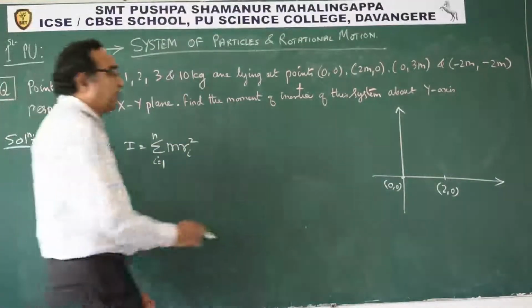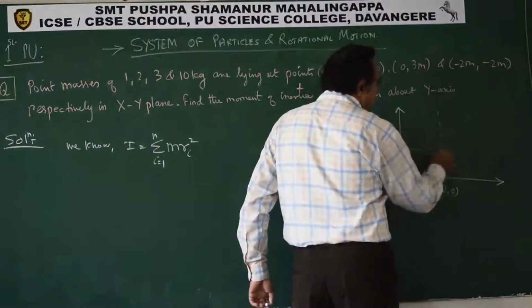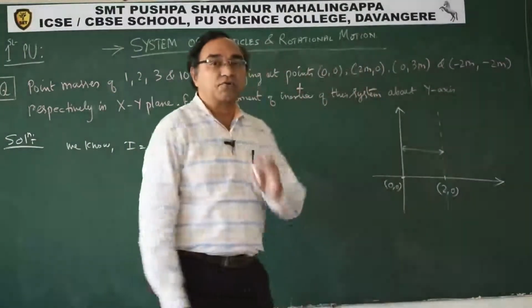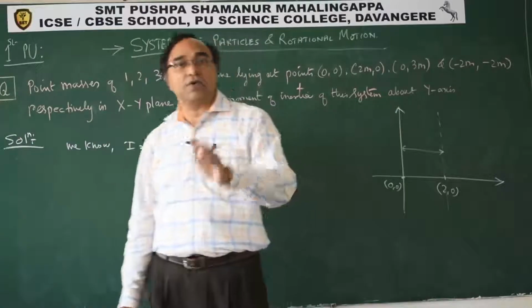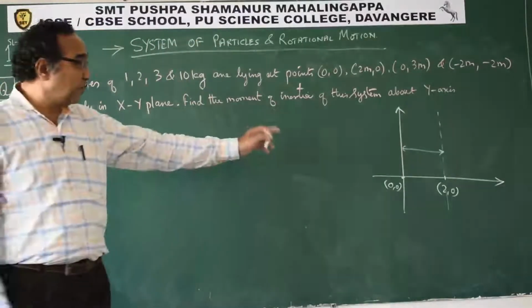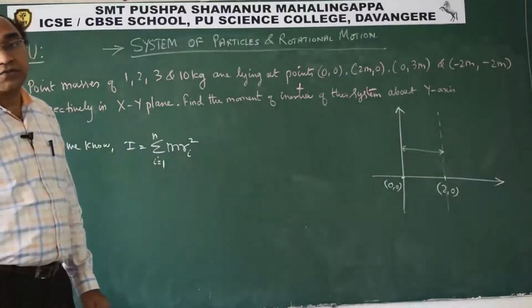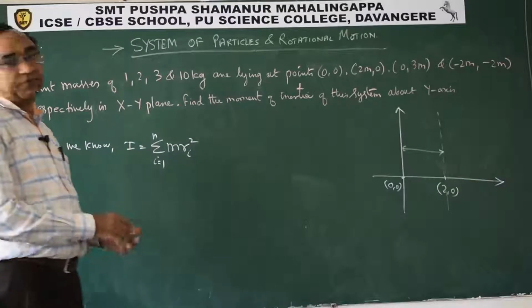If you say this is your y-axis, this distance is the required distance. So which coordinate is that? The x coordinate. Please understand this. The x coordinate is the distance of the point from the y-axis. The y coordinate is the distance of the point from the x-axis.